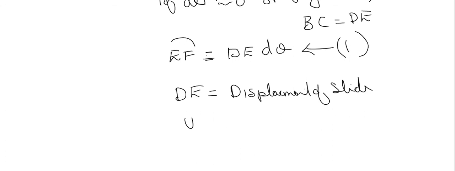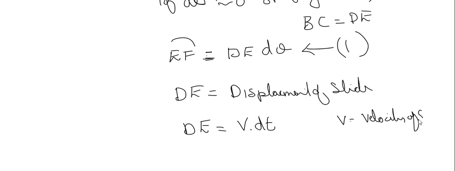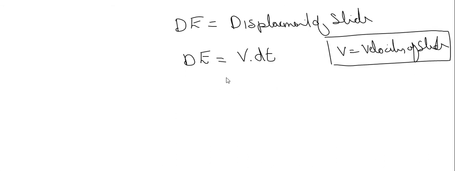Instead, we can write displacement dE. If v is the velocity of the slider, we can write dE is equal to v into the time dt, where v is the velocity of the slider. So dE is equal to v dt.